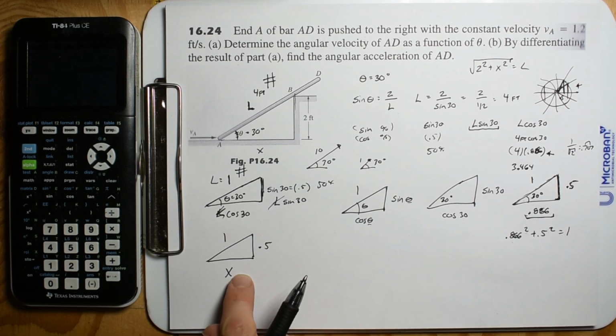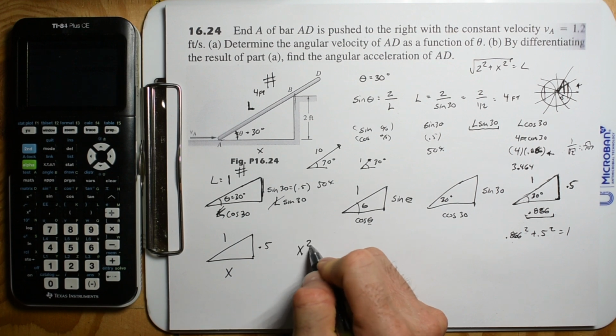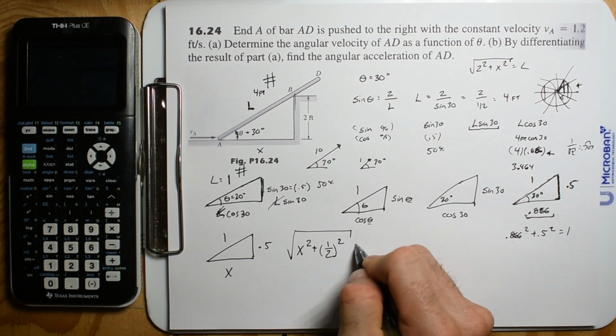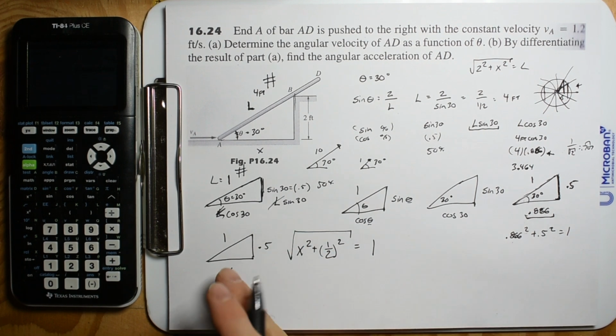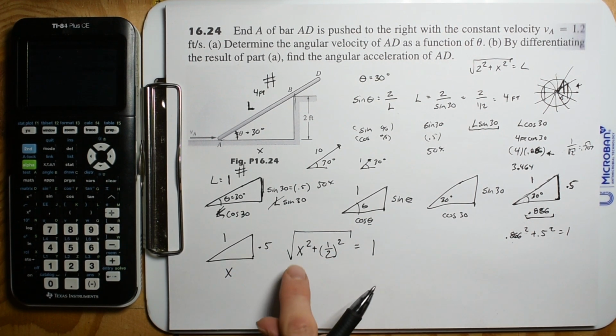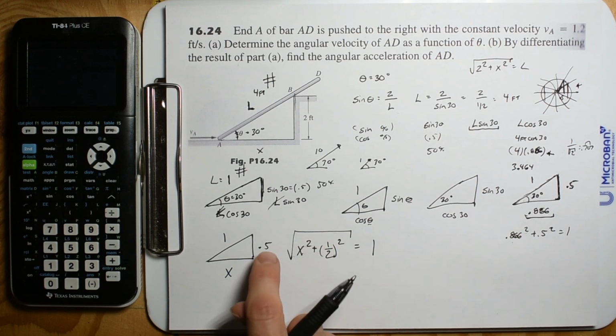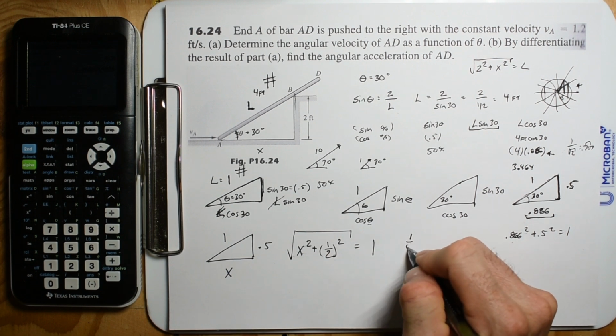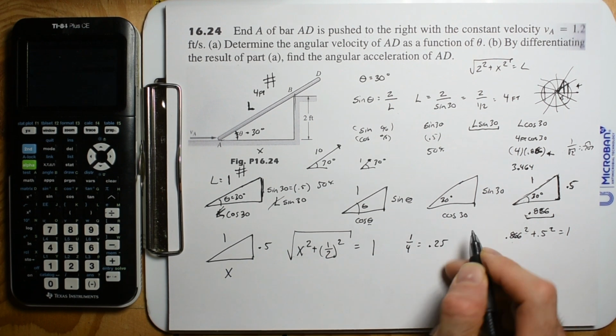So if we go back to here, we're going to say that x squared plus 1/2 squared is equal to 1. Cool. So now we can solve for x, or I think the simplest way, before we get too complicated, hey, what's 1/2 squared? That's going to be a quarter. Write it like this, you got 0.25.